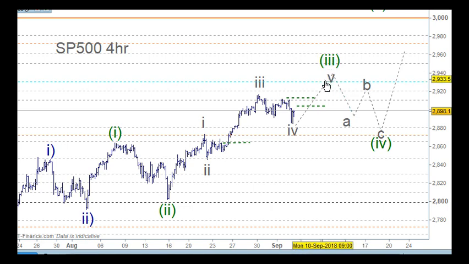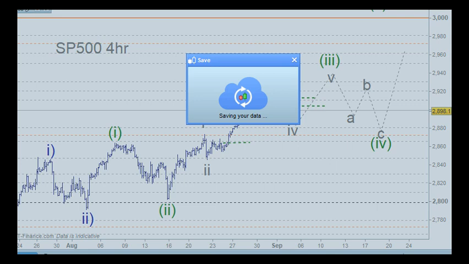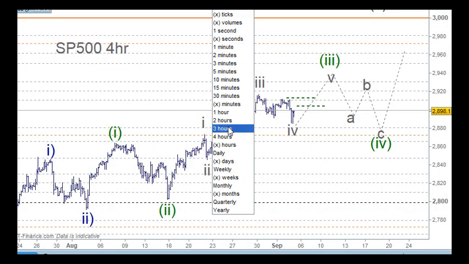If I've made a mistake in this area and we get support on top of 2930, well then we'll trade long on a reference point high at that point, but otherwise we will look for another ABC correction, the same as this one here, in 3 waves, an A and a B and a C, but this one should be larger, 60% larger than this one here. So we'll get to that when we get to it, but I'll just save that and we'll go into the hourly chart and pick up that thread.